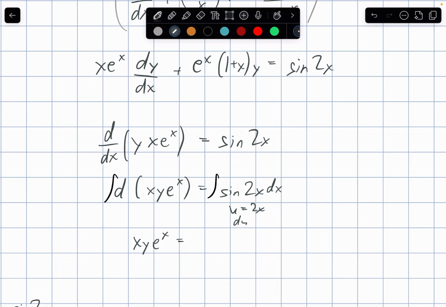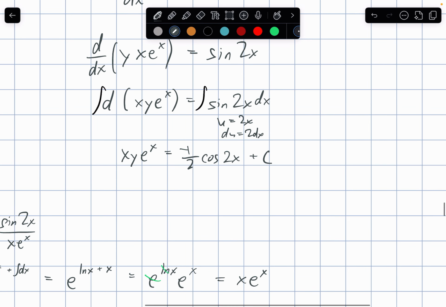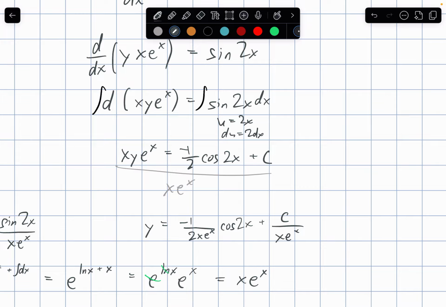u is equal to 2x. du is equal to 2 dx. Okay. And then simplify. Divide both sides by x e raised to x. Let's see if that's the correct answer.